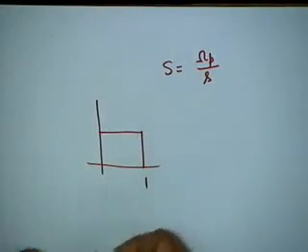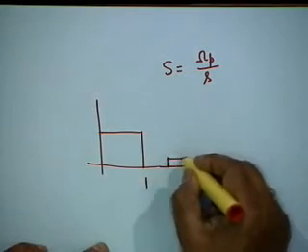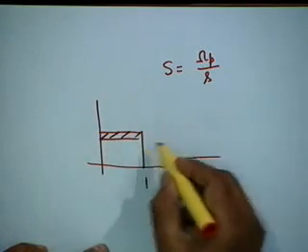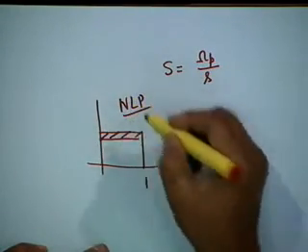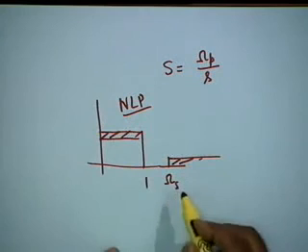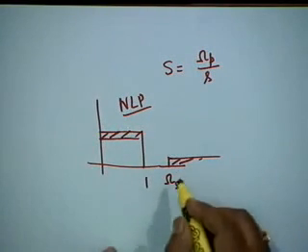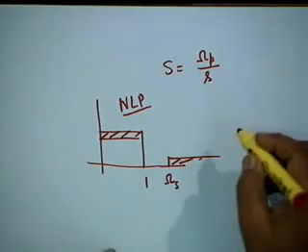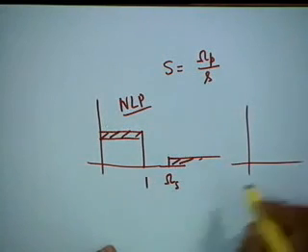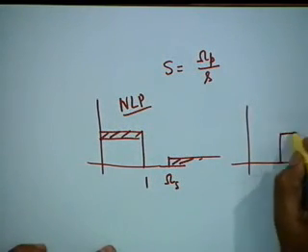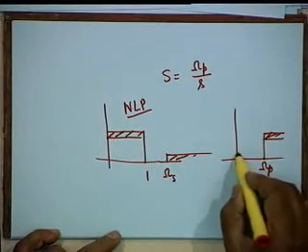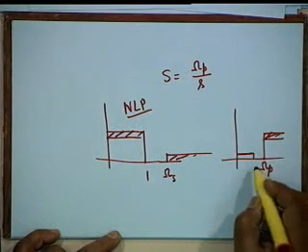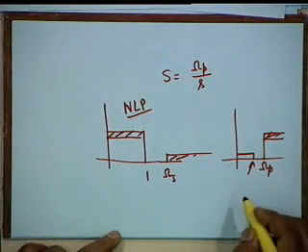So, if you have a low pass filter 1 radian per second, and let us say the normalized low pass filter has a cutoff edge, has a stop band edge at omega s, then what would be the high pass filter? High pass filter will start at omega p, its stop band edge would be what?